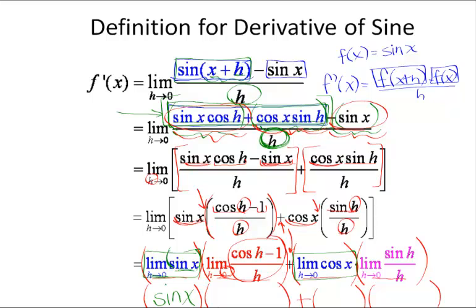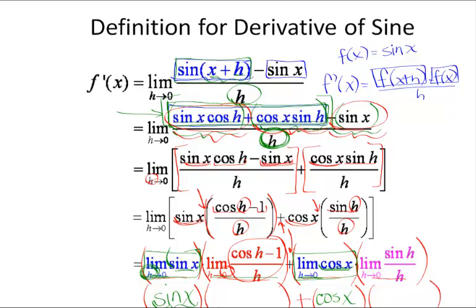As far as h is concerned, this is a constant, and the limit of a constant is a constant. And we have the same thing going on here. As far as h is concerned, since there are no h's written there, that's a constant. So those two I can evaluate right now.